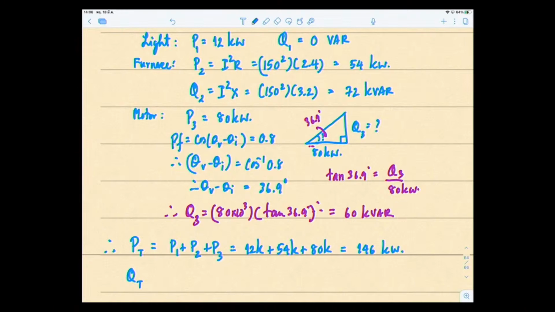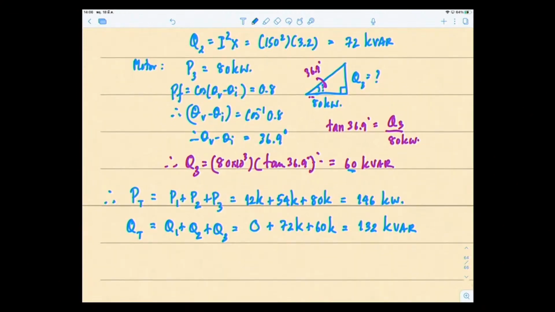For the reactive power, it's Q1 plus Q2 plus Q3, equal to 0 plus 72 kVAr plus the last one, 60 kVAr. So the answer is 132 kVAr. Okay, so that's what you have.